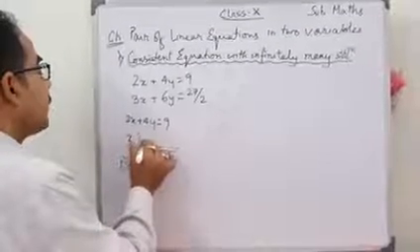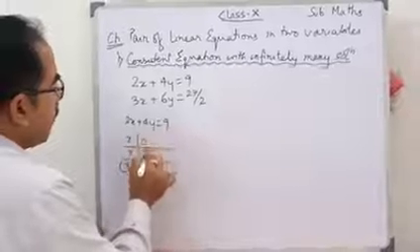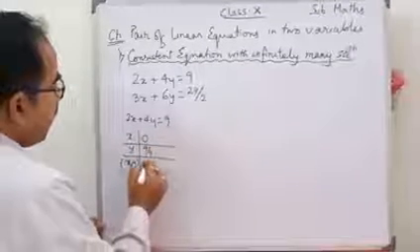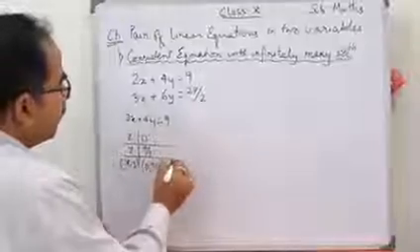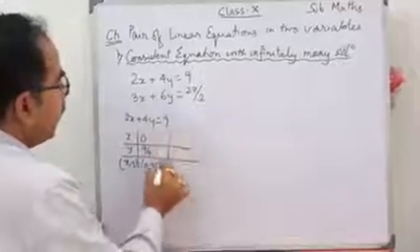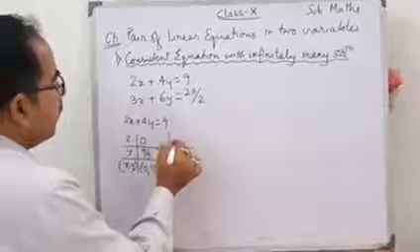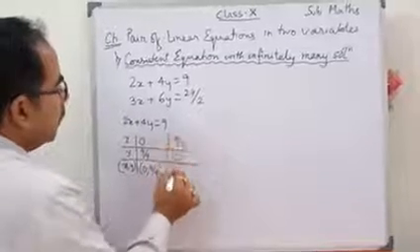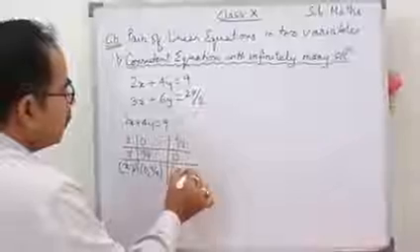If I take x equal to 0, then y is coming 9 by 4, means 0 comma 9 by 4. In a similar way, if I put y equal to 0, then x is coming 9 by 2. That means 9 by 2, 0.